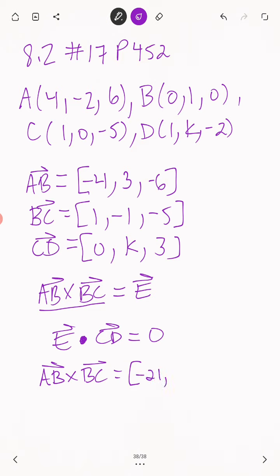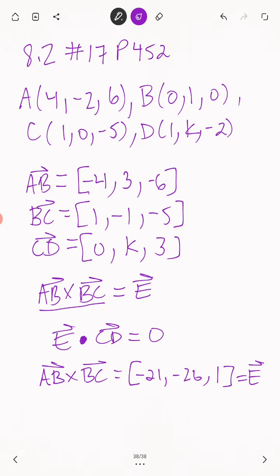And if you want to practice cross product, then you can work through finding it on your own. So once I get the cross product here, it's -21, -26, 1. So that is my vector E, and recall that that is perpendicular to the plane because the cross product is always perpendicular to both vectors that you cross.